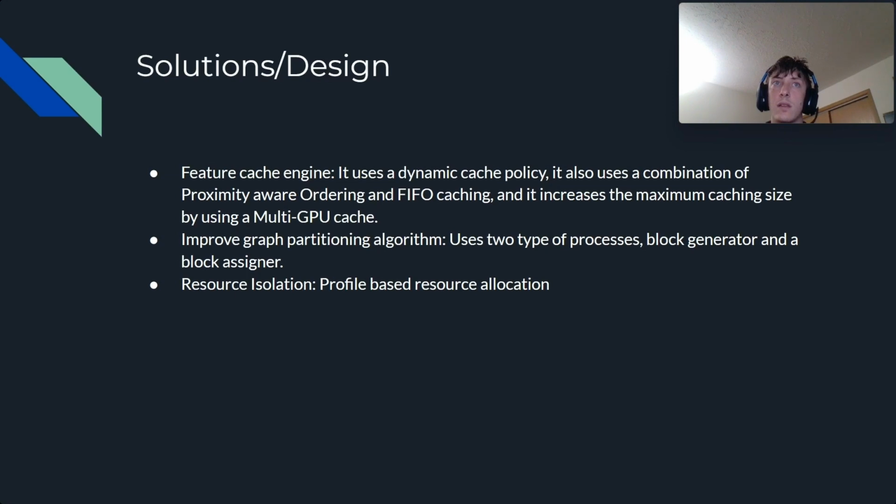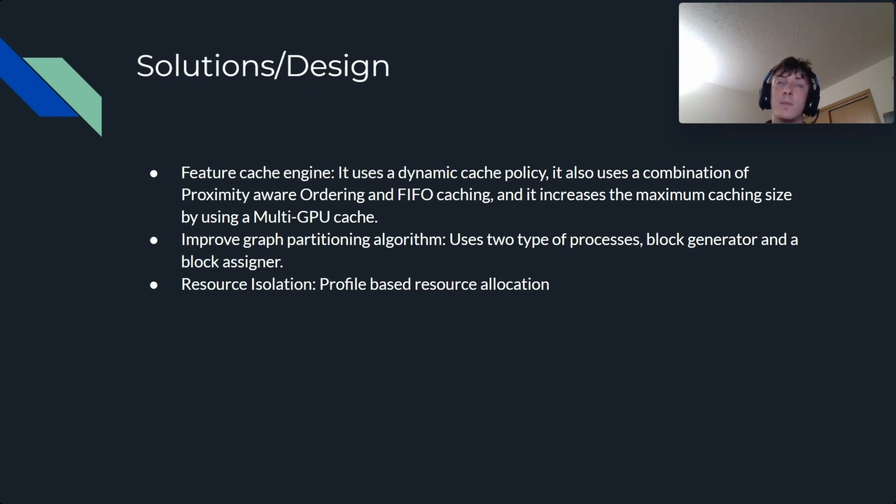These types are block generator and block assigner. Block generators do as they sound, which is create blocks that act as nodes connected to smaller version of the same graph. Block assigners collect blocks in these smaller graphs and then assign them to their own partition.